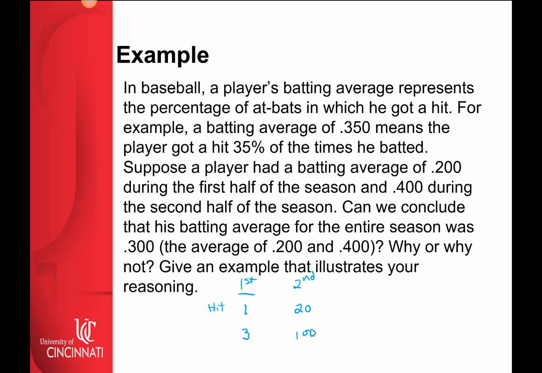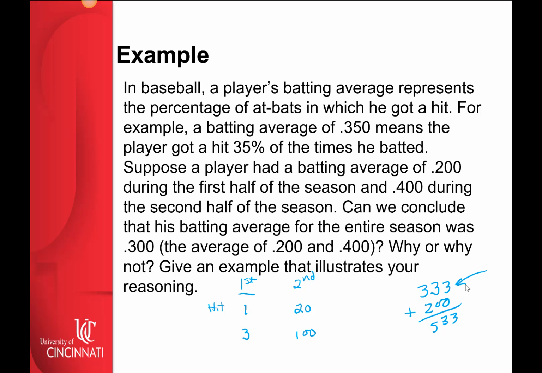If you want to know the actual percentage for the season, you don't take this 333, which is the first half, and add it to 20 out of 100, which is a 200. You don't get this 533 and divide by 2. Because what that does is it says that this 333 from the first half of the season represents as much work as the 200 from the second half. Does it really represent as much work?